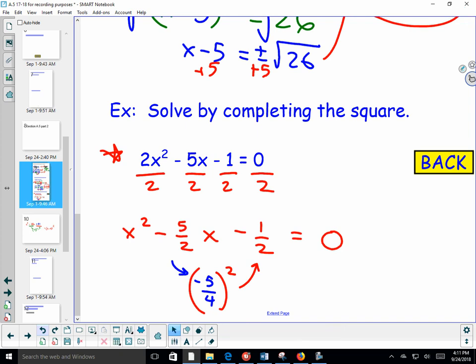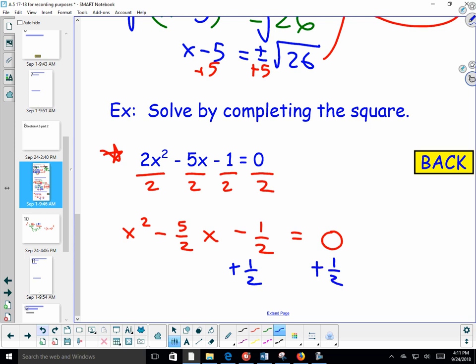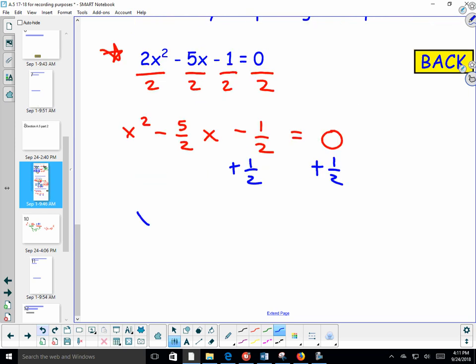So I am going to have to get rid of the negative 1/2, just kind of gumming up the works here. So I'm going to add 1/2 to both sides of the equation. And so now I have x squared minus 5 over 2 x, I'm going to leave some room to complete the square, equals 1/2. Our strategy, again, is to take half of this middle coefficient.